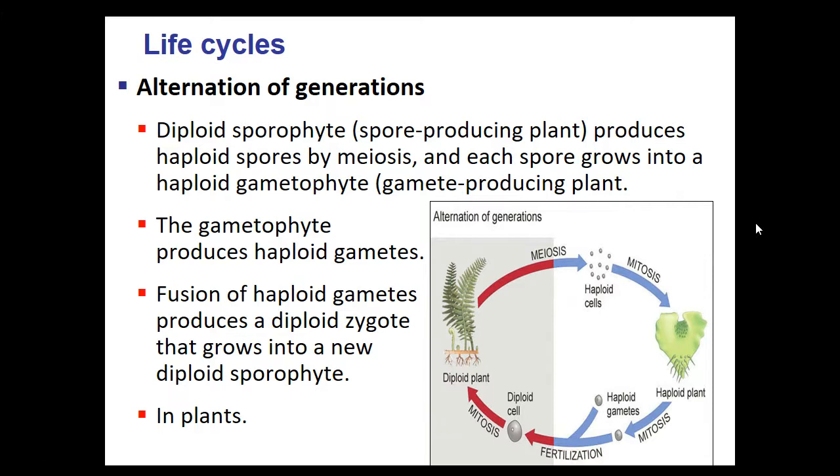This gametophyte produces gametes, sperm and egg, and then fertilization, the fusion of the sperm and egg, produces a diploid fertilized egg that grows into a new diploid sporophyte adult.